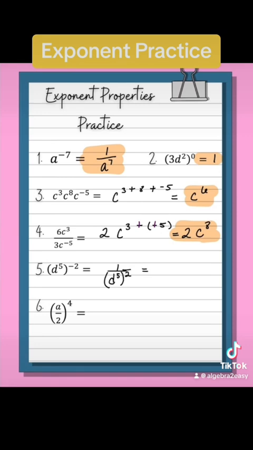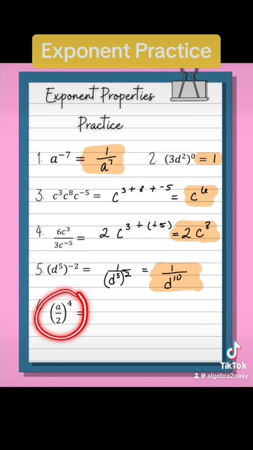Now we can simplify that. You have a power to a power, so you're going to multiply, and you have 1 over d to the 10th power. It's okay to have your exponent left in the denominator. As long as it's not negative, then you're good to go.